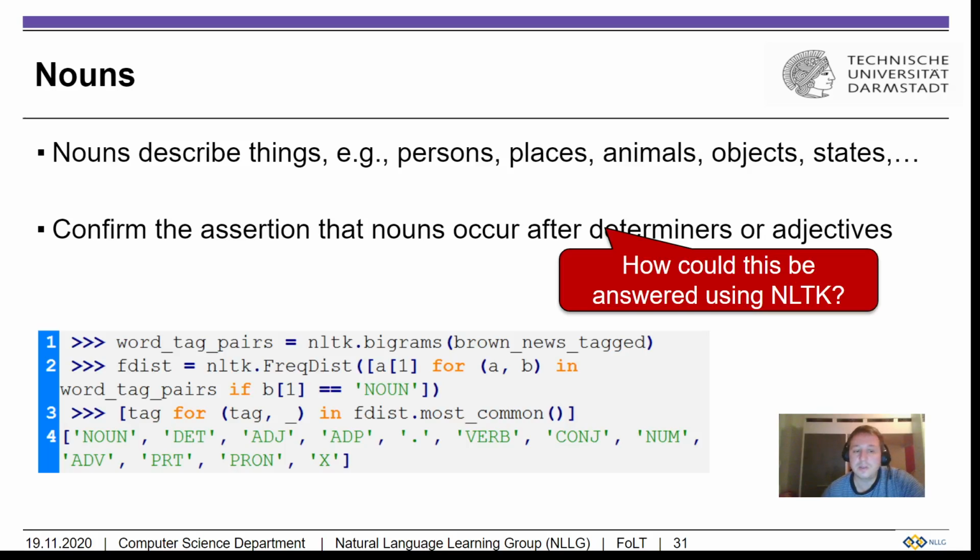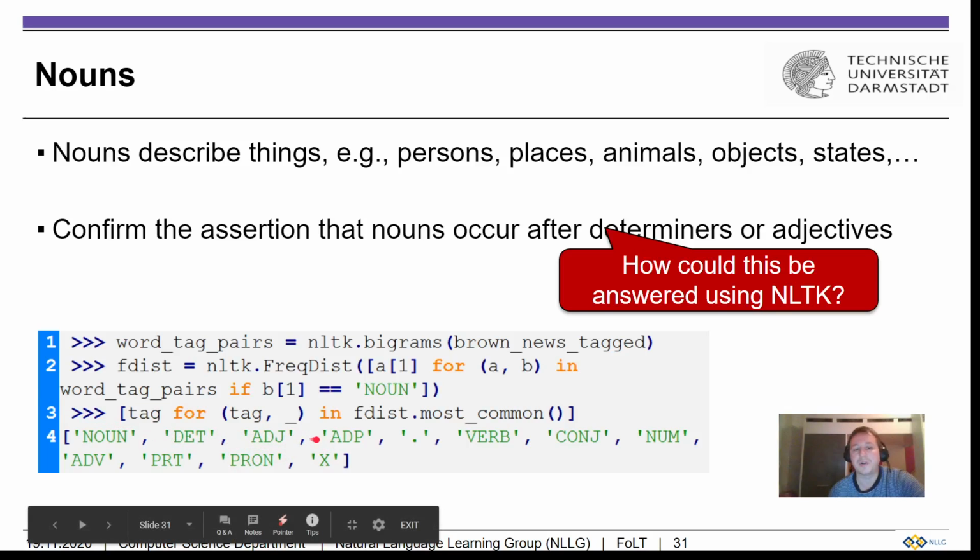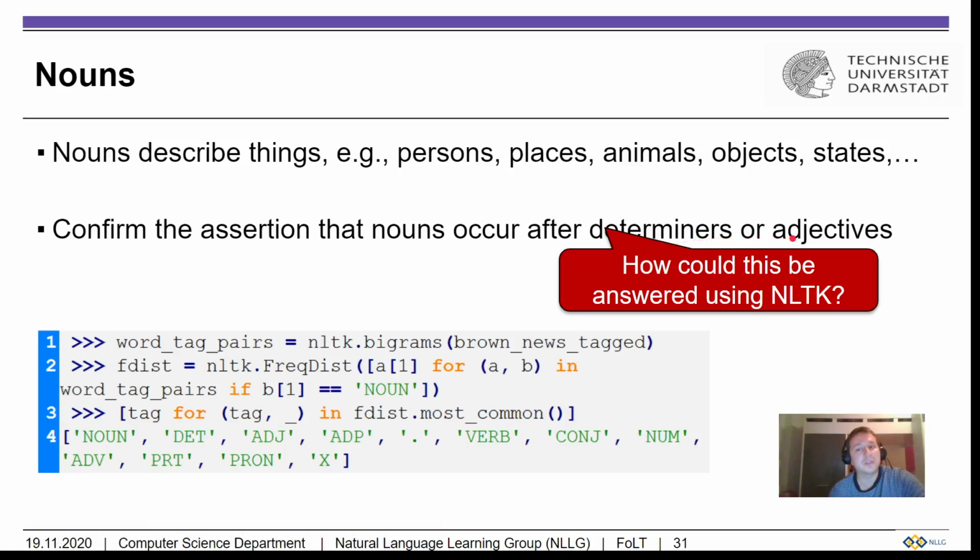Adjective is a beautiful woman, and adposition is, well, give to children, right? So these are the most frequent things that come before a noun in English. Okay, and now could we confirm the assertion that nouns occur after determiners or adjectives?